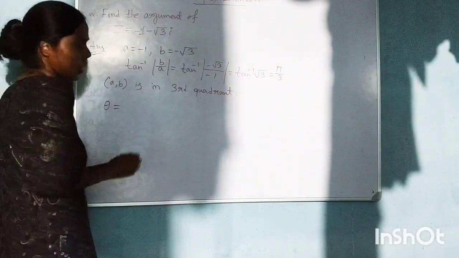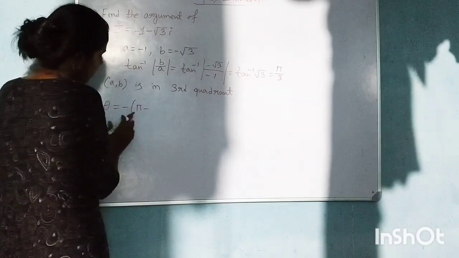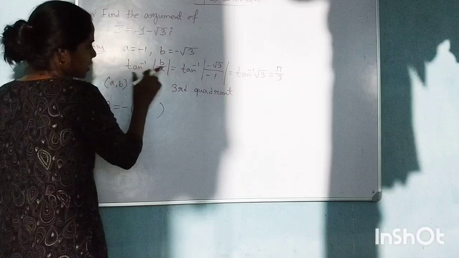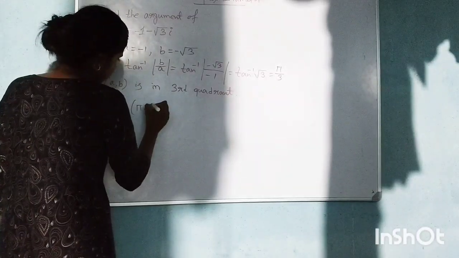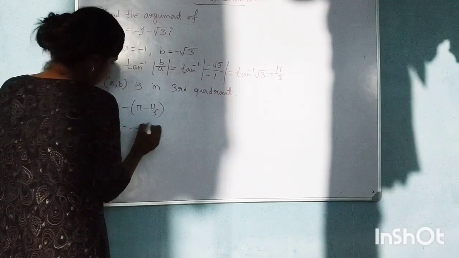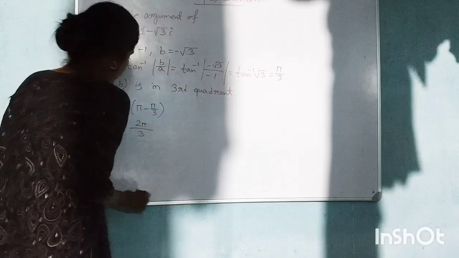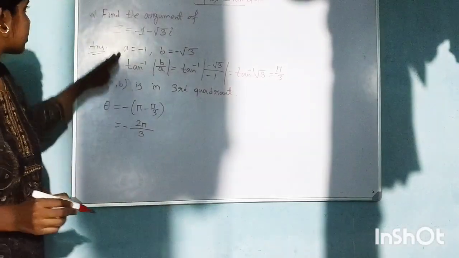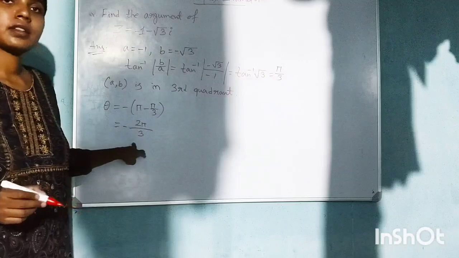Our theta formula is minus pi plus this, right? So this is pi by 3. So this is minus pi plus pi by 3. So our argument value for this complex number is minus 2 pi by 3, right?